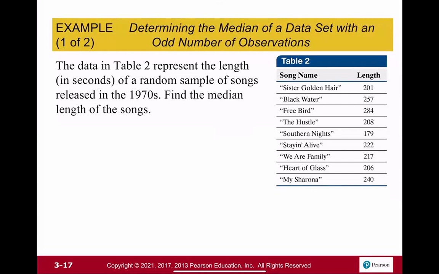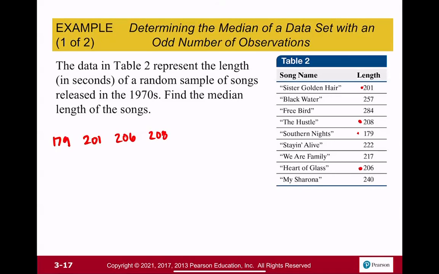All right, so the smallest song length I see is going to be 179. So we'll write down 179 right here. The next one, there's numbers in the 100s. So 200, the next one is going to be 201. And 201, do we have 202? We have 208, 206, 206, 208.